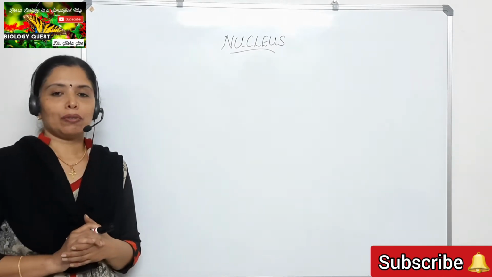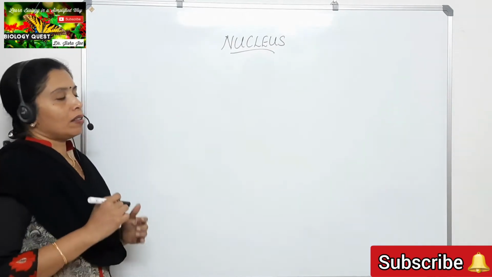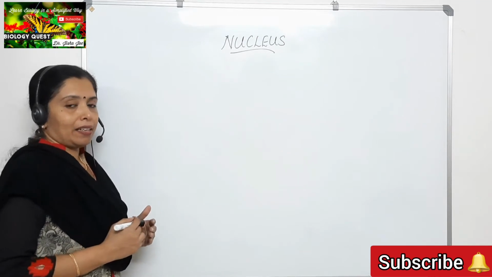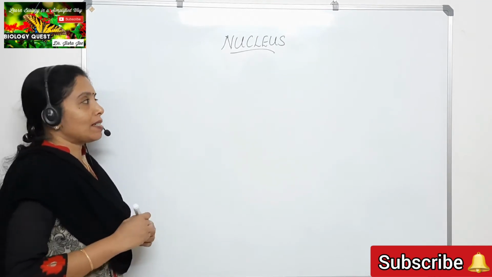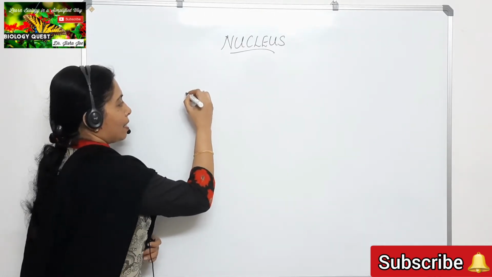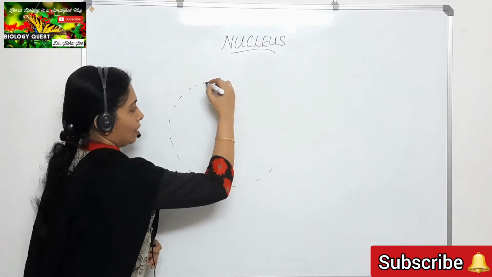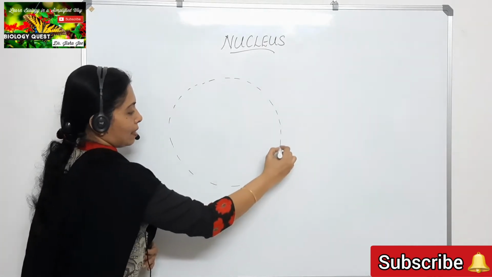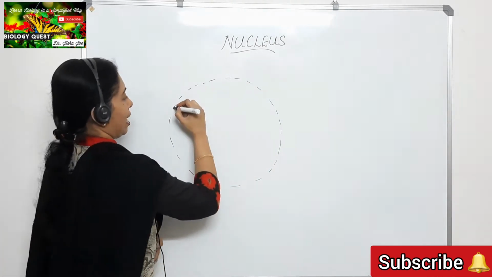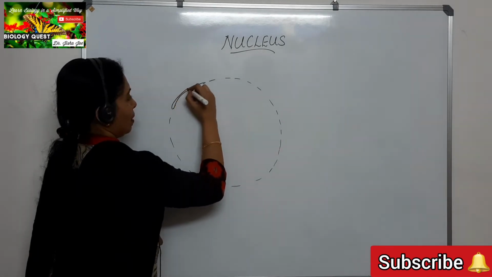Now coming to the structure of the nucleus. Nucleus in an animal cell. If you look, the nucleus is spherical in shape and it is surrounded by a double membraned envelope.